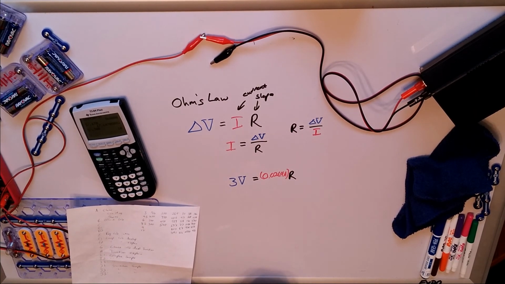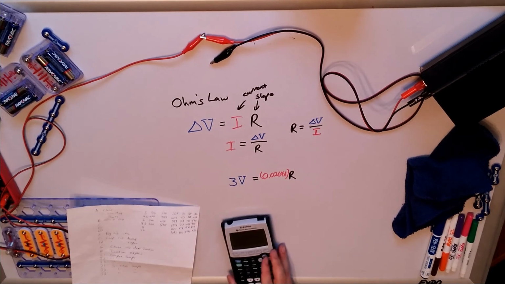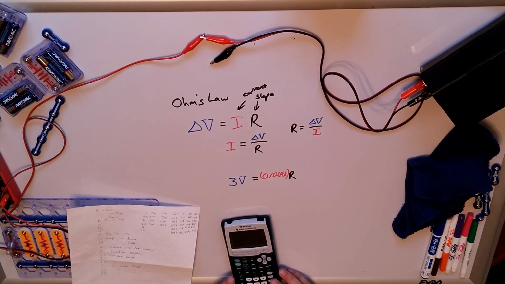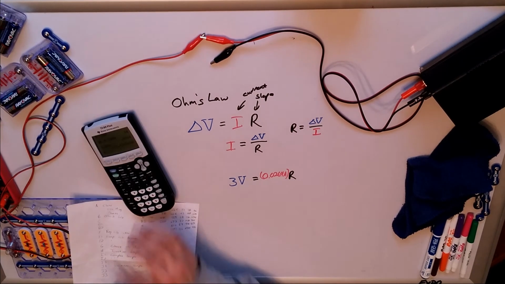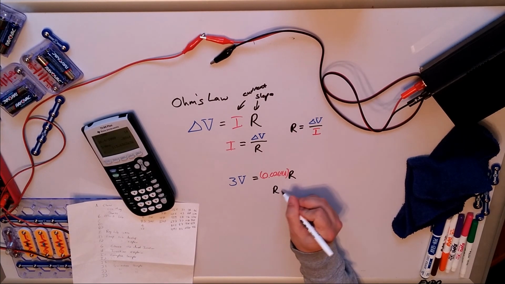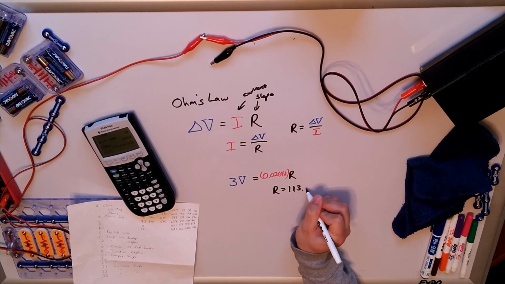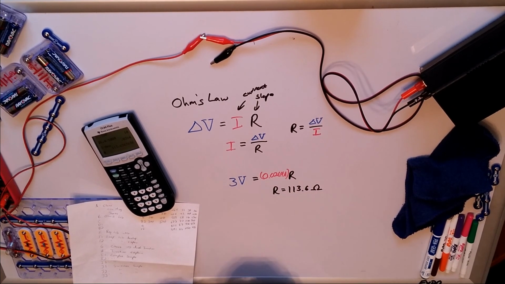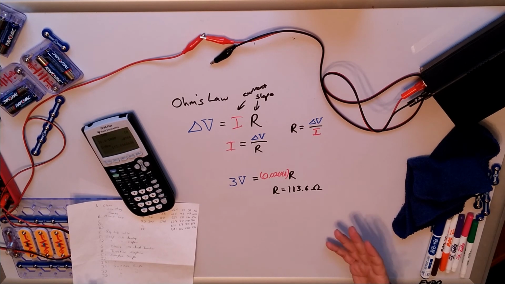Remember, milliamp is 1,000 times smaller, so I divide by 1,000. Now I'm going to take 3 divided by that, and I end up with a resistance of 113.6 ohms, which is pretty close to the value that we got. We know that it's over 100 ohms, and with all of our data points, because this is just one data point, we got about 109 or so.